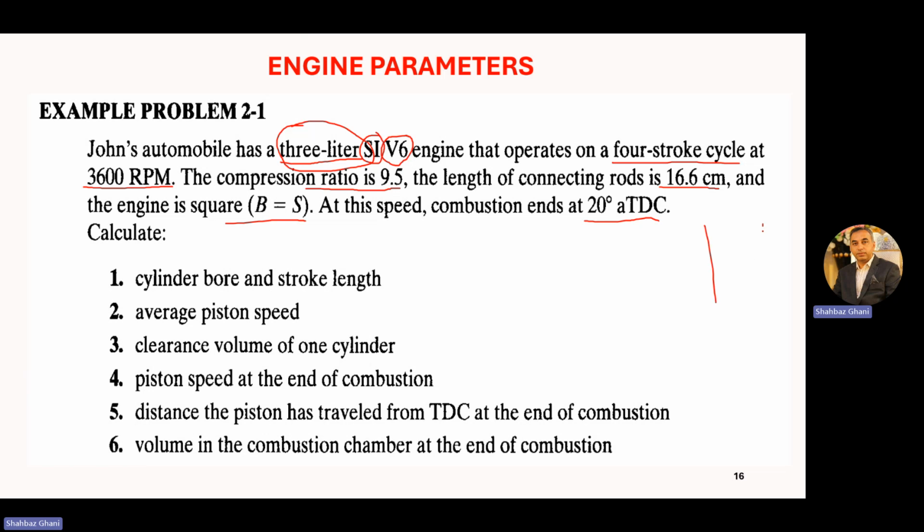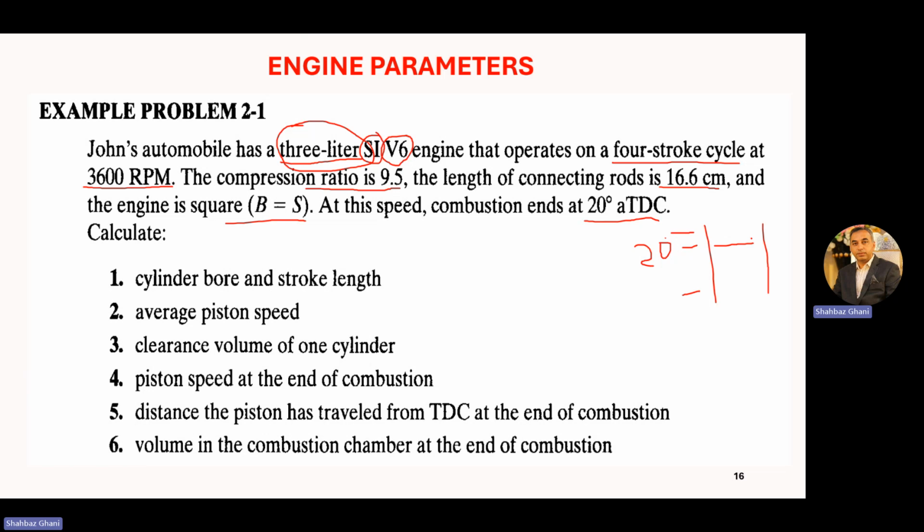If you have this cylinder, this is your TDC and this is your BDC. Somewhere here, at 20 degree, your combustion finishes. Okay. So these are the tons of information which is given to you in these 3 lines.